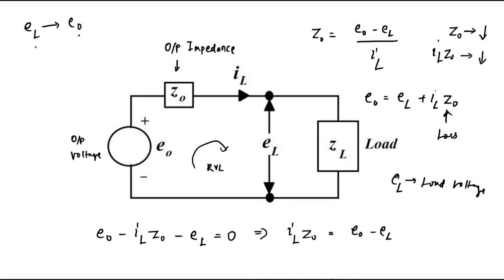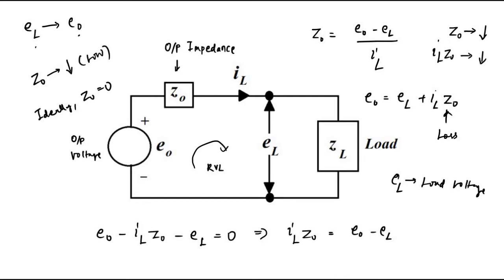So for faithful reproduction at the output side, the output impedance should be low. Ideally, the output impedance should be 0, but that is not possible. There will be some output impedance because of which there will be distortions, but we have to minimize it by ensuring that the output impedance is low.